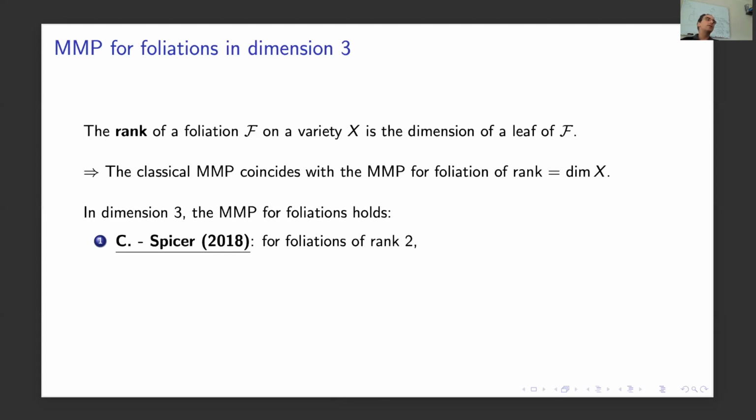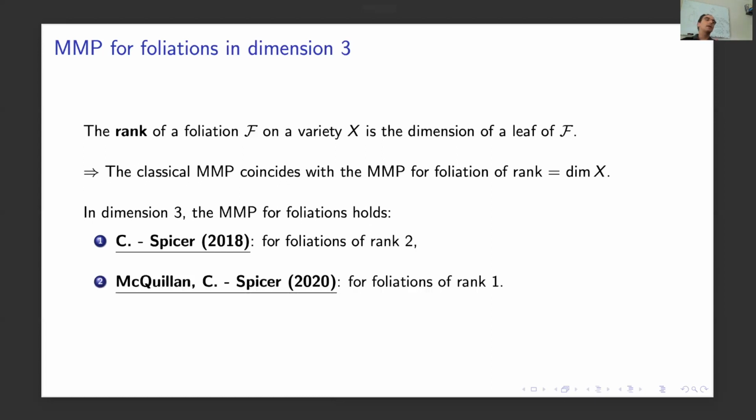What we proved a few years ago is that this MMP holds for foliations of rank 3 in dimension 3. So in other words, there is a graph. Not only is there a graph, we can always find a target, because there are no infinite paths and there are no oriented cycles.